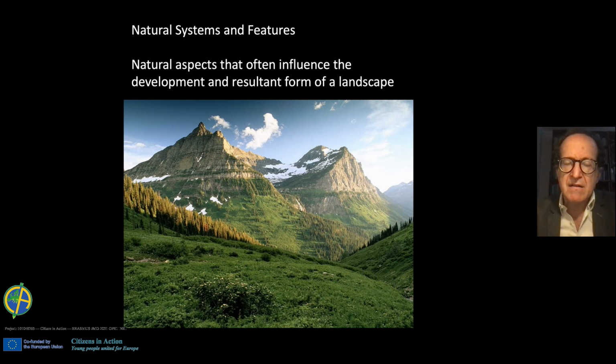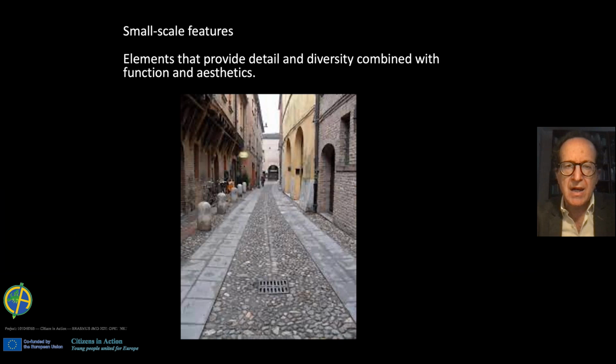Then we have a different element. We discuss technical questions. Here we have natural systems and features, very evident in this mountain landscape. And then we go to small scale features.